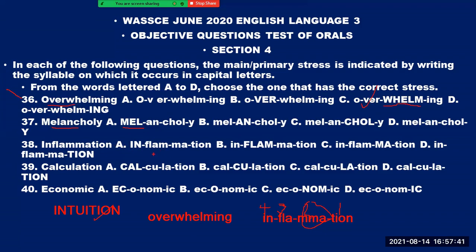Inflammation, no, we eliminate this because it doesn't tally. We are looking for the one where MMA is capitalized. If we find that, that is correct. Then inflam, no, this is eliminated. Then C is correct because that tallies. Inflammation.